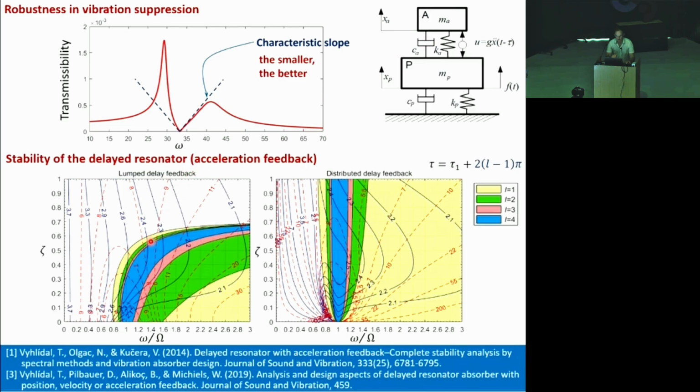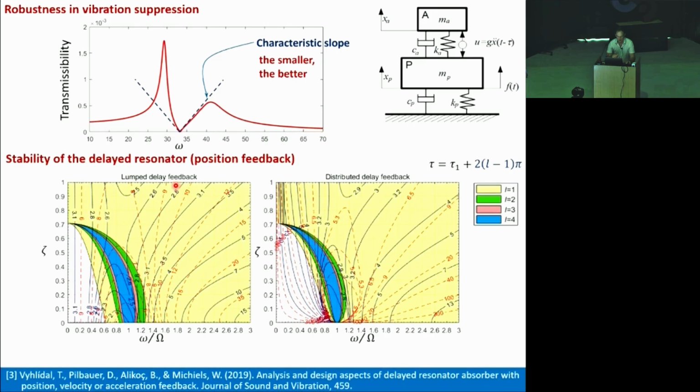Here you see how they look for the acceleration feedback, and here for position feedback. And then, of course, we need to check whether the overall system is stable. For that we can use either QPmR, the TDS control toolbox by Wim, or TRACE-DDE, or the DDE-BIFTOOL, or whatever.